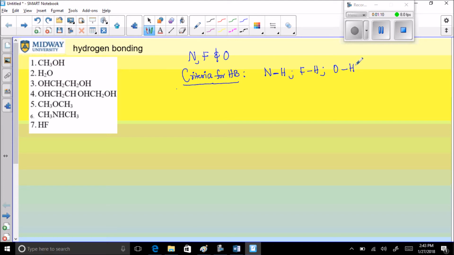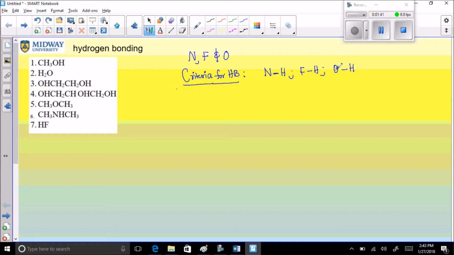The molecule could be the size of this entire screen of this computer that I'm recording, or it could be the size of a nib of a pen. It doesn't matter how big the molecule is, but if it contains an arrangement in which the hydrogen is directly attached to the nitrogen, the fluorine, or the oxygen, that means those molecules can exhibit hydrogen bonding.